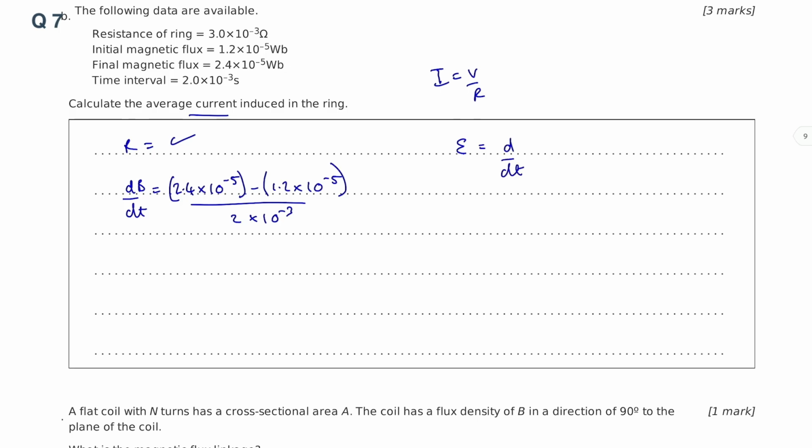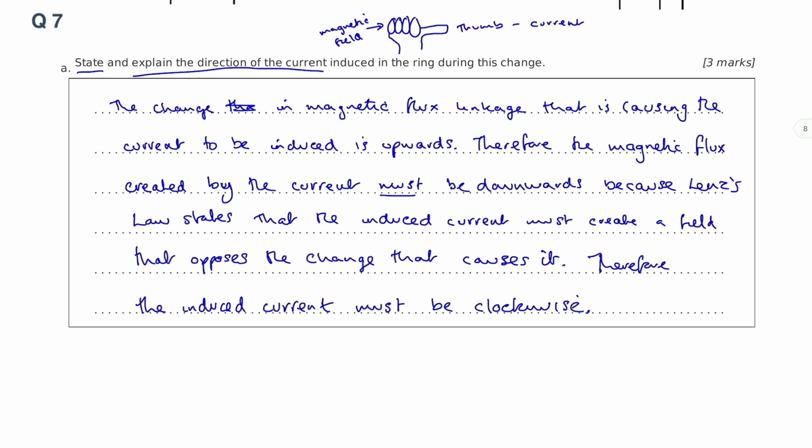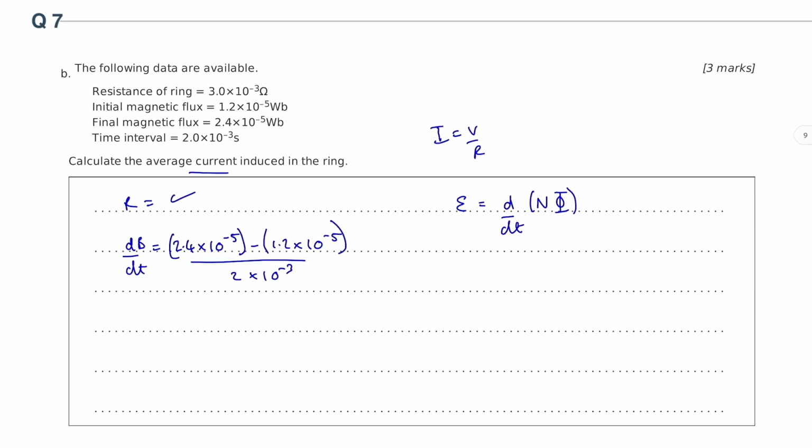So it's d by dt in, which is magnetic flux linkage. How many rings are there? There is just one ring. So N is equal to 1. We're looking at d by dt of B A cos theta.